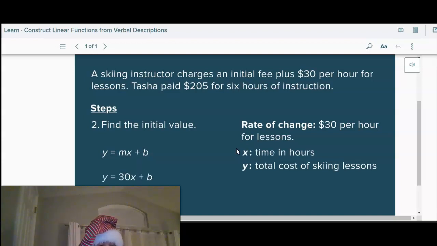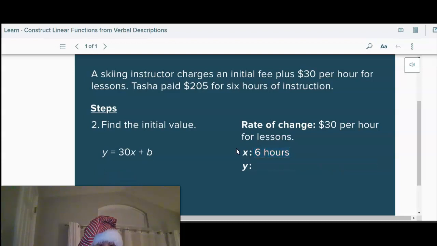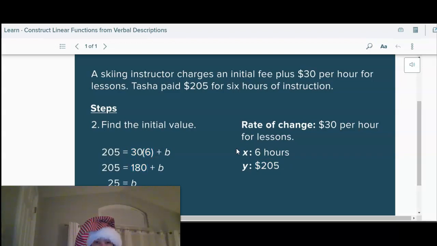Substitute the rate of change for the slope, m. The problem gives a value for x and the corresponding value for y. Substitute these values of x and y into the equation. Then simplify and solve for b.